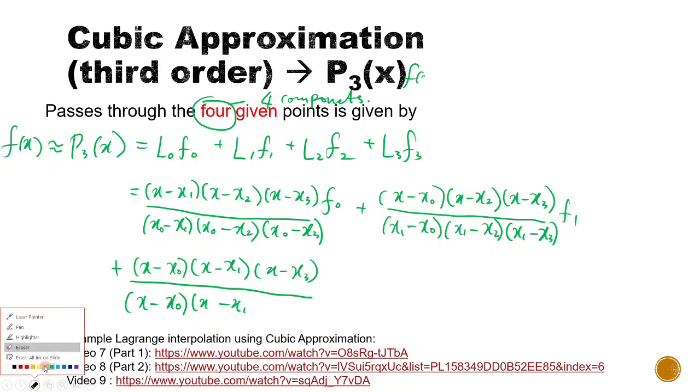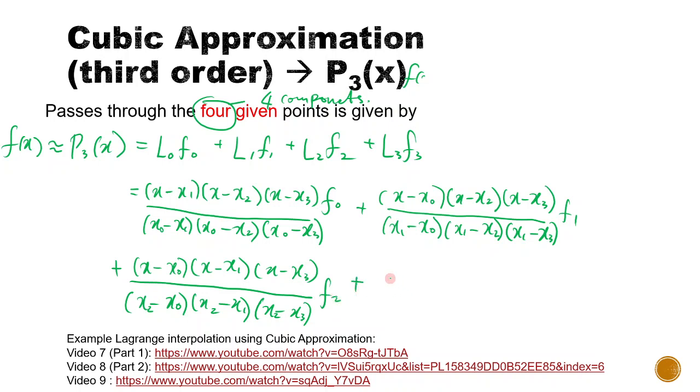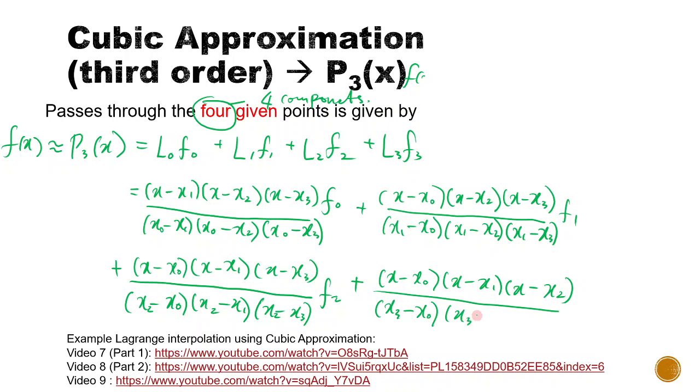This is x2 actually: x2 minus x0, x2 minus x1, then x2 minus x3, times f2, plus x minus x0, x minus x1, x minus x2, divided by x3 minus x0, x3 minus x1, x3 minus x2.